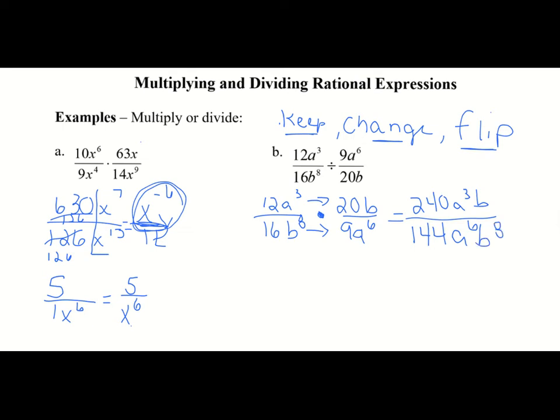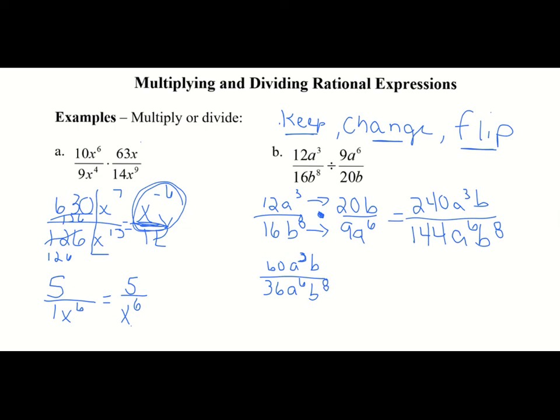Okay, now we do need to simplify that. I know that I can pull a 4 out of both 144 and 240. It's probably not the biggest number, but let's start there. So I divided a 4 out of both of those. It gives me 60 over 36, and I have a cubed b and a to the 6th, b to the 8th.